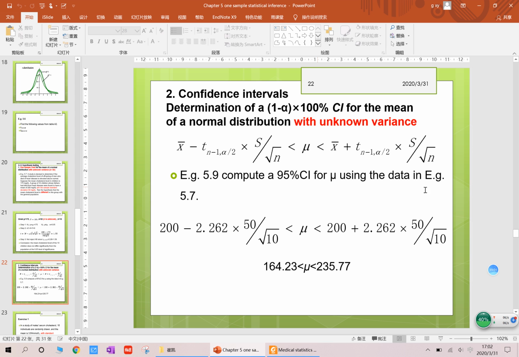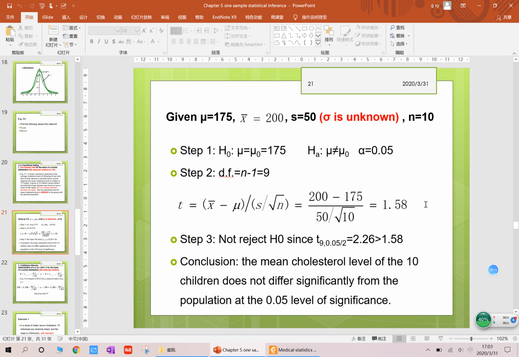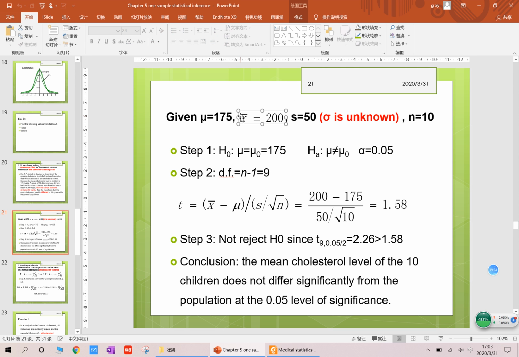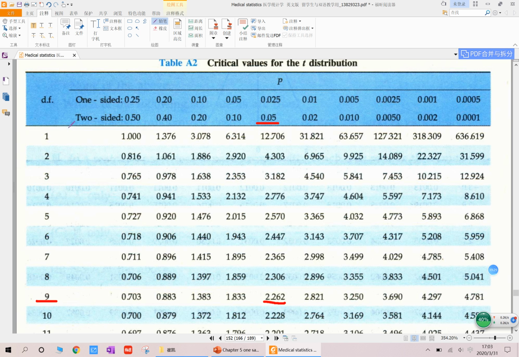So for example, here we need to compute a 95% confidence interval for mu using the data in example 5.7. Here n equals 10, s equals 50, and x bar is 200. So first we need to find the df, that is 9, right?